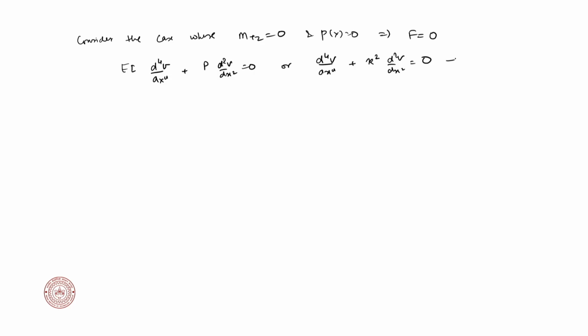where k^2 is equal to P over EI. All right, so this equation we can solve. We need 4 boundary conditions, so 2 on the left, 2 on the right.